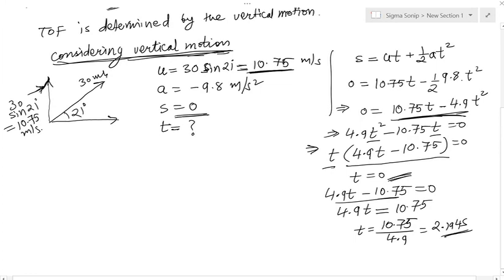One solution is t equals 0, and the other solution is 2.194 seconds. So these are the two times when the object is on the ground, right? Obviously, t equals 0 is the initial time, the time of launch, and obviously the object is on the ground at this time. And when it comes back to the ground, the time is 2.194 seconds. So that basically gives me my time of flight.